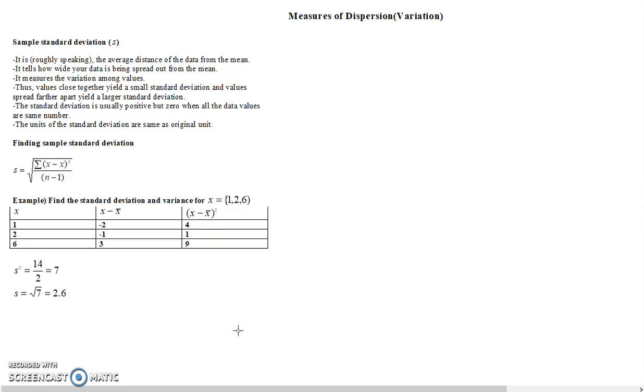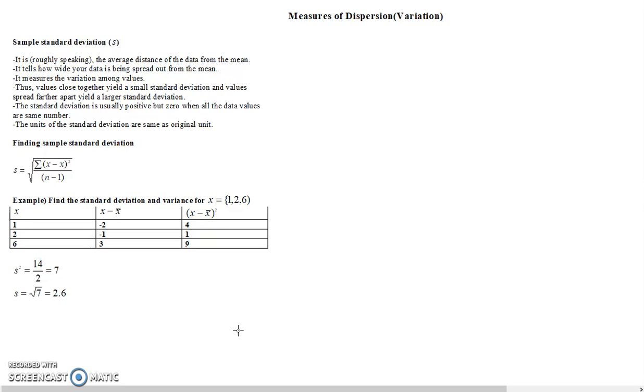Technically they have the same way of finding these two. However, sample standard deviation puts a square root on top of it, so it makes the value a little bit smaller than the variance.